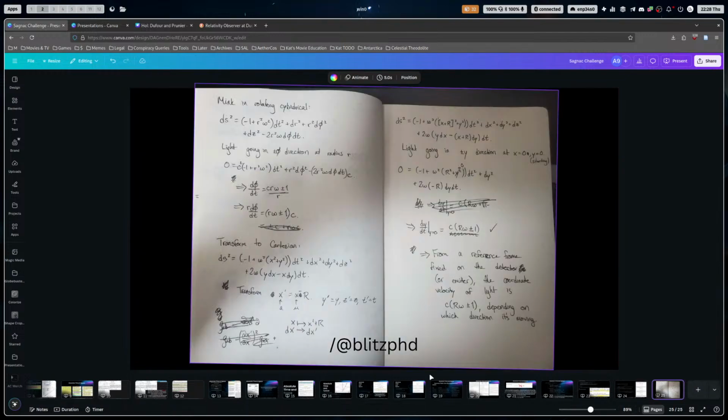All right, then we have Dr. Blitz trying to do the same thing here, where he starts with a Minkowski coordinate system, borrowing lab time, and ends up doing the same thing, c plus or minus v, with respect to the direction of the rotation.